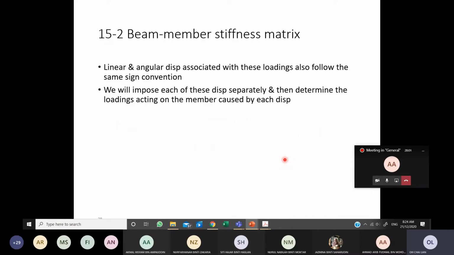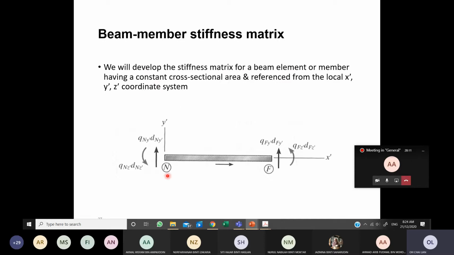If you look here, the linear and angular displacements associated with these loadings also follow the same sign convention. We already drew the DOF. If you remember, the DOF for the beam are vertical and rotational, and they are all drawn in the positive sign.